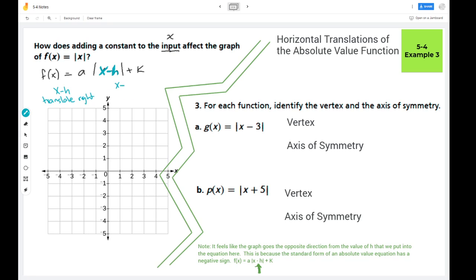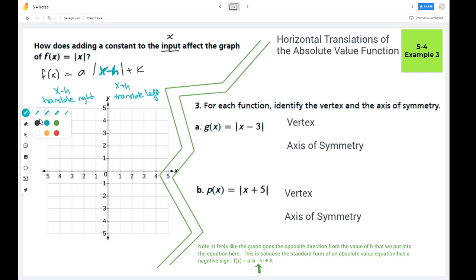And when you have x plus h, the graph is going to translate to the left. All right? It feels kind of backwards. Now the reason why it feels backwards is because of that minus sign that's in the equation.